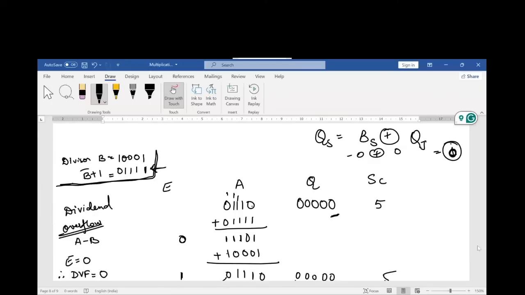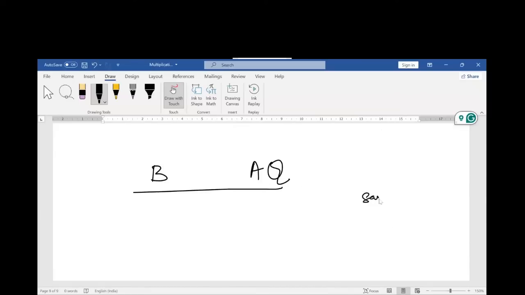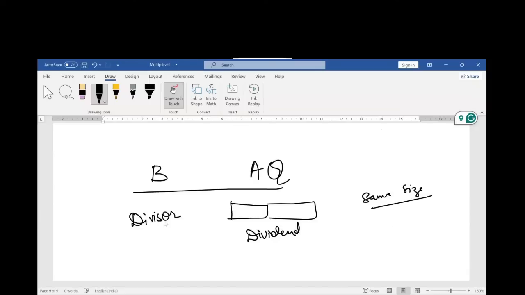Main thing here is you need to understand how to write the value of A, Q and B. All these three should be of same size. Depending upon the size, adjust the value of your dividend in AQ and divisor in B.